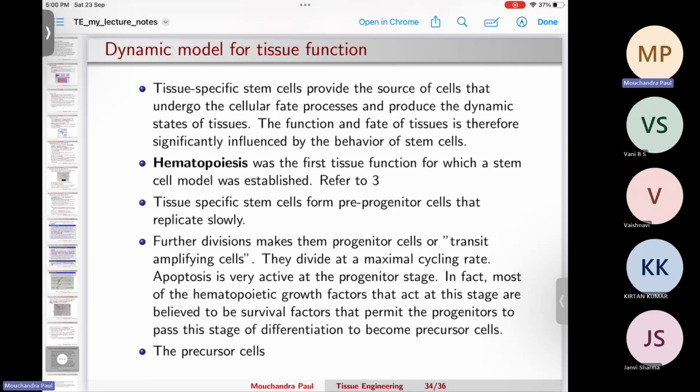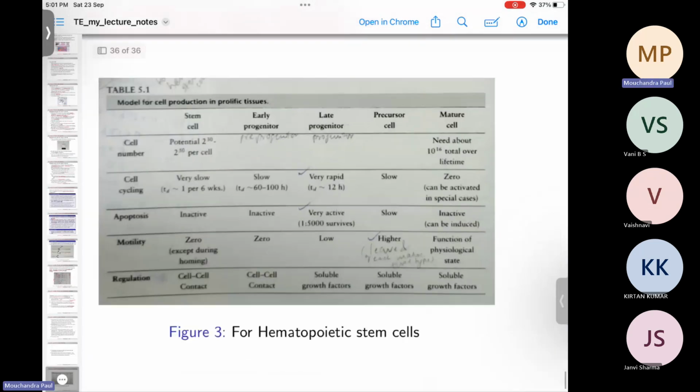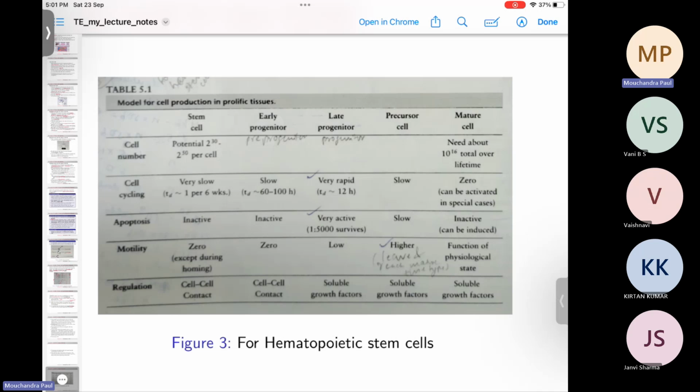Okay, means for maintaining the dynamic state of the tissue, for ensuring that the cells in this tissue undergo the cellular fate processes, etc. So in this table is given for the hematopoietic stem cells to show you how the stem cells actually form the differentiated cells through undergoing stages of differentiation. Okay, and what is the characteristic of each stage?